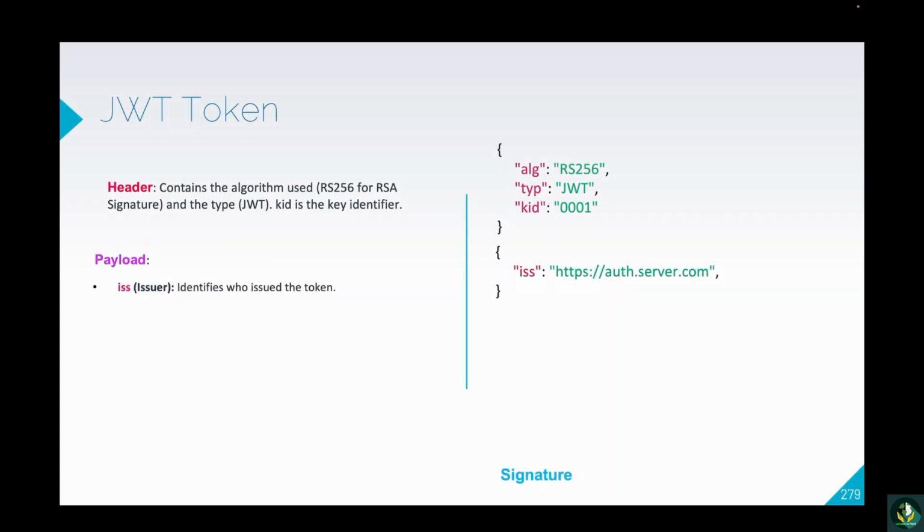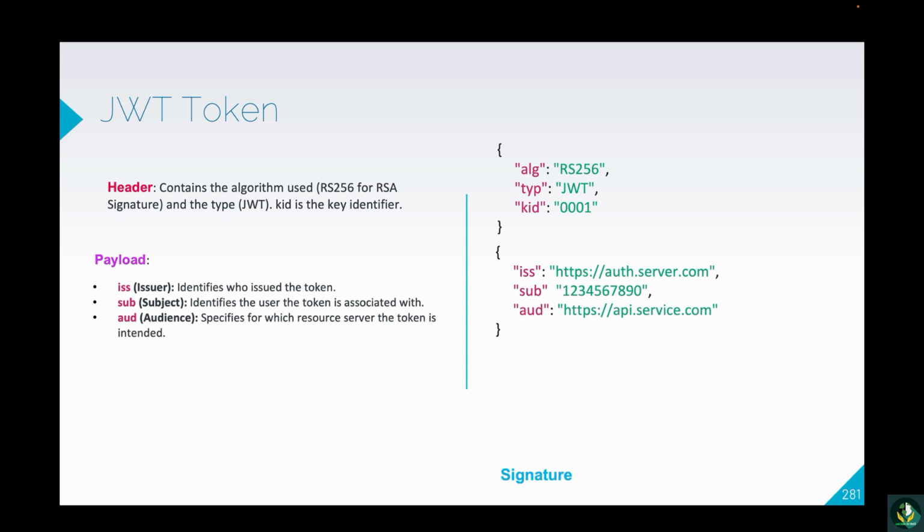For example, in this payload we have the issuer of the token, indicating who issued it, like the URL of the authorization server that issued the token, and the subject of the token, usually a user ID. Audience, the audience for whom the token is intended, often a specific API, and the expiration time, indicating when the token should no longer be accepted.